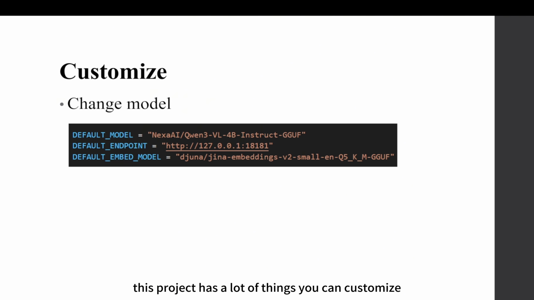This project has a lot of things you can customize. Here are some examples. Change the inference model and embedding model by modifying the global variables. The trade-off is simple. Usually, lighter models are faster, and stronger models give better quality.